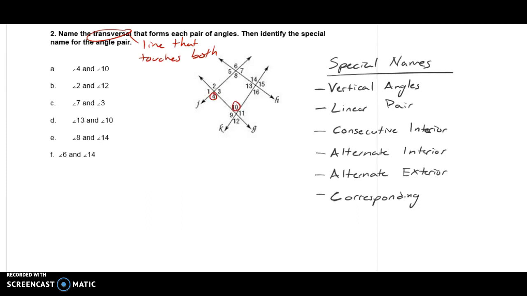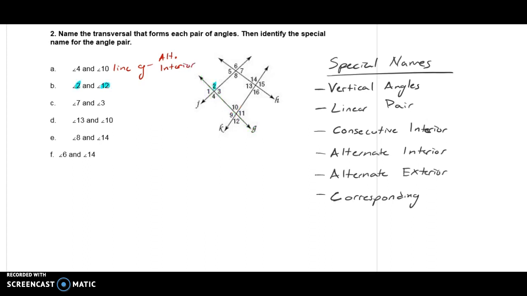So the line that touches both 4 and 10 would be this one here, which is line G. And then I want to name them. So these are alternate interior angles.